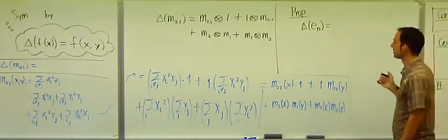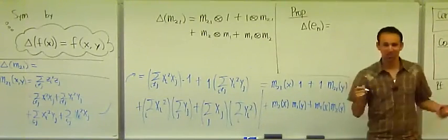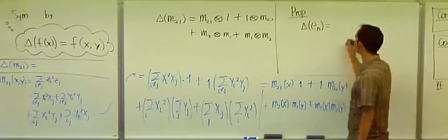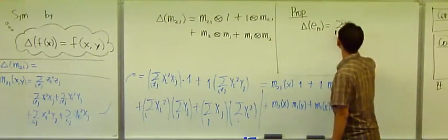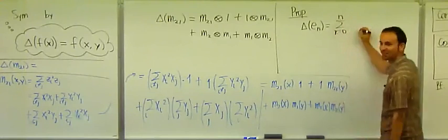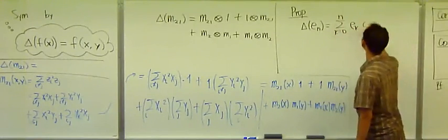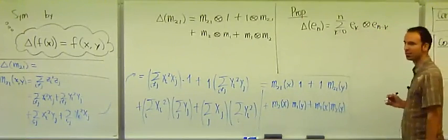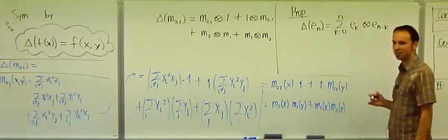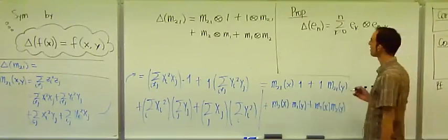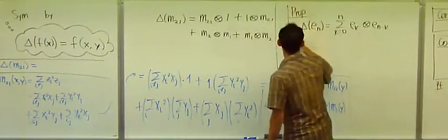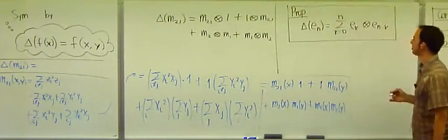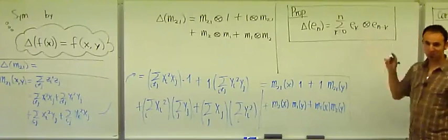Well, we're trying to show that this is the rock breaking Hopf algebra. What is E0? E0 is 1. That's right. So the proposition is that this is true.